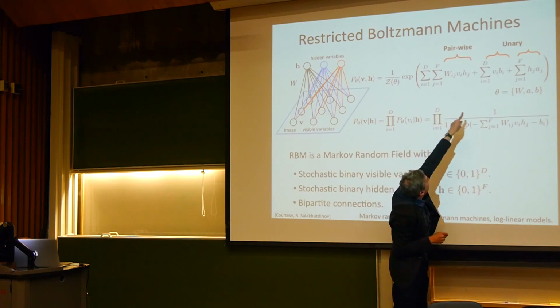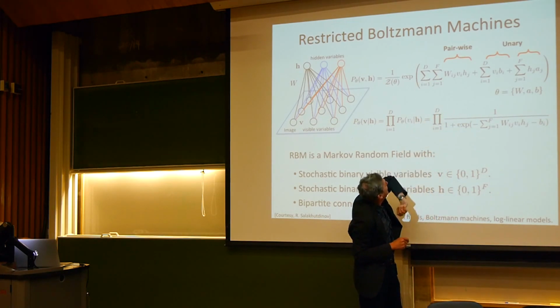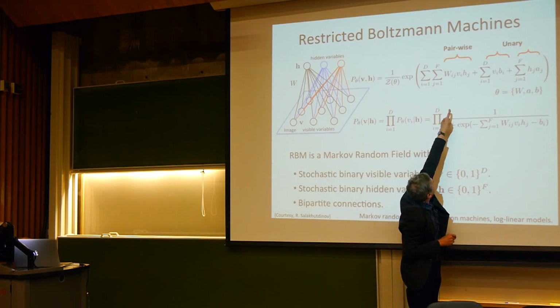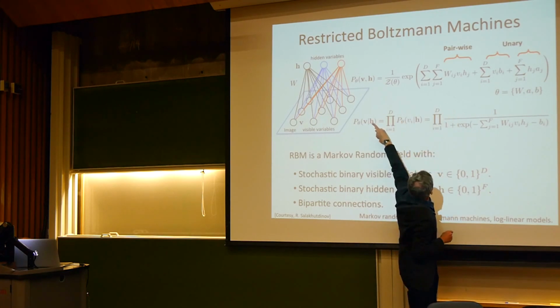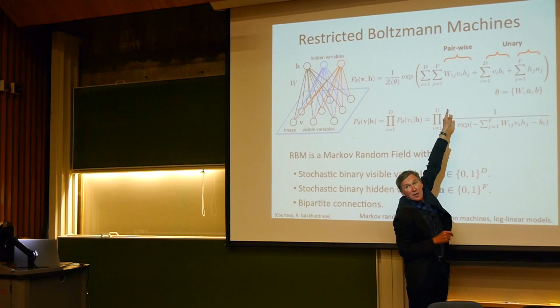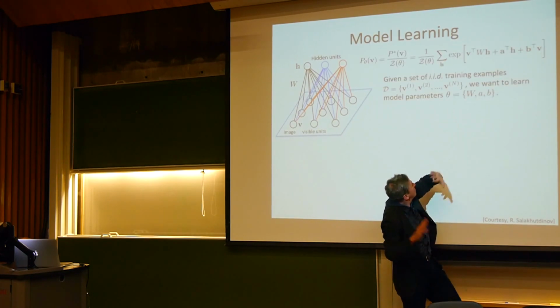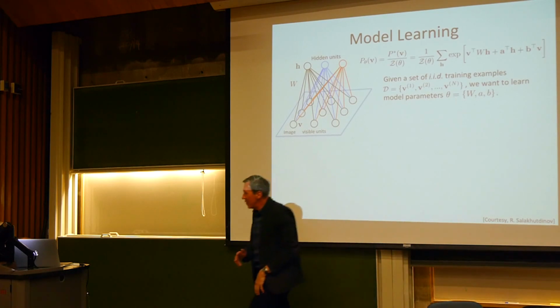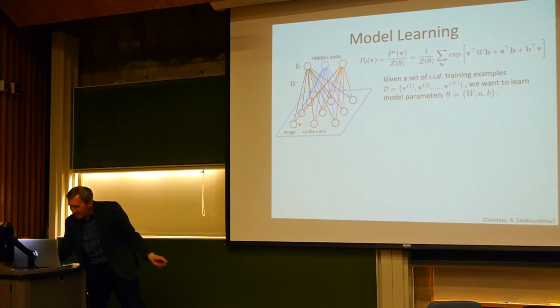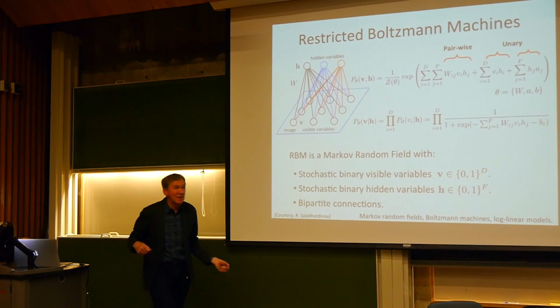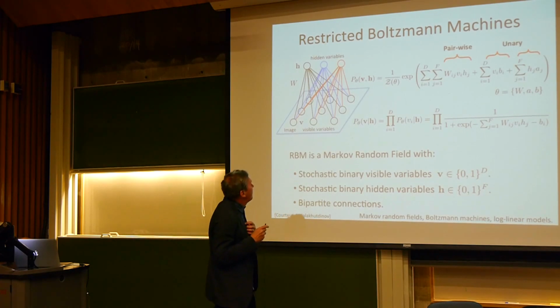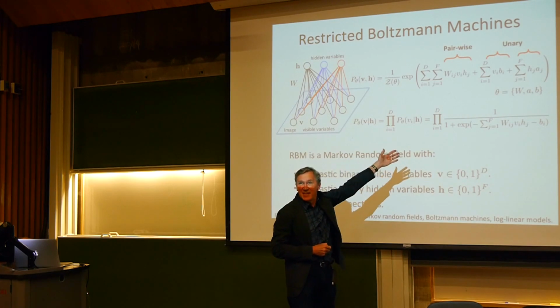But you see the thing that's actually influencing the probability are the individual V and H nodes and a weight that's learned, W sub I,J, that connects them. So you can have a distribution defined in this way.